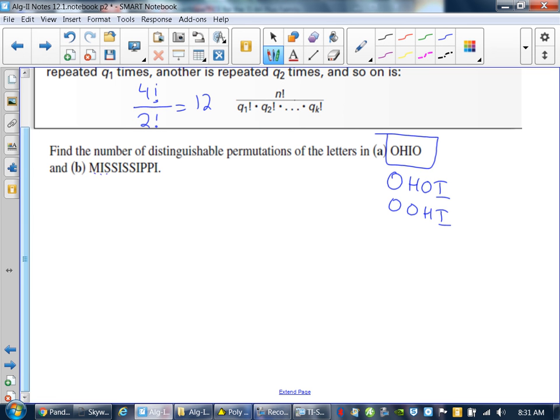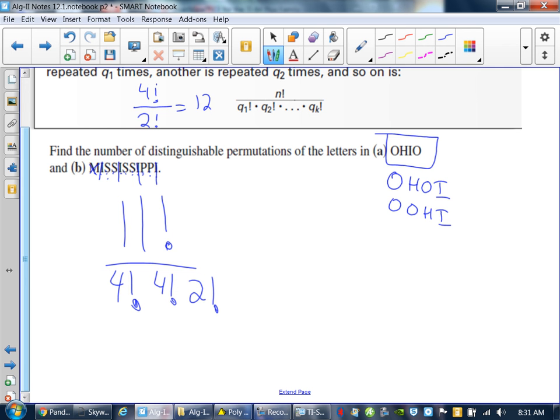1, 2, 3, 4, 5, 6, 7, 8, 9, 10, 11. There are 11 letters in the word Mississippi. How many of those letters are repeated? Well, M is not. I is: 1, 2, 3, 4 of them. S is 1, 2, 3, 4. And PP. That's what you're doing.